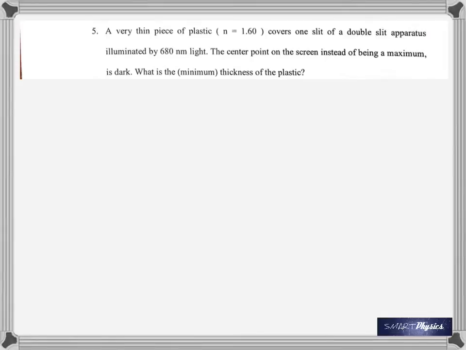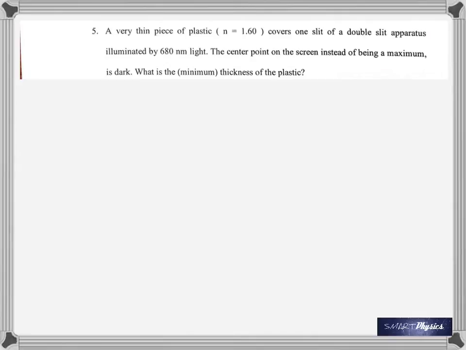Now, the introduction of the thin plastic into one of the beams changed it from being a maximum to a minimum. This means that the extra path difference created by putting that thin piece of plastic should be lambda by 2. Why?